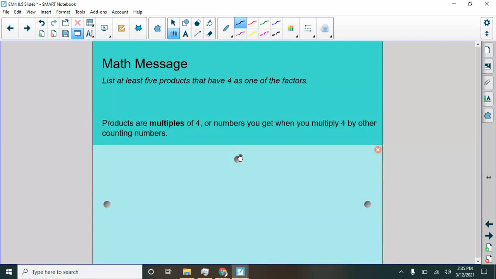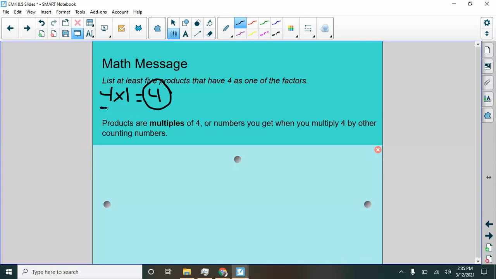Okay, so when we think about products, they are multiples of 4.